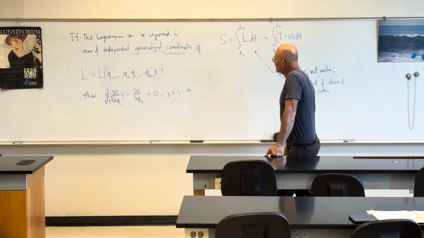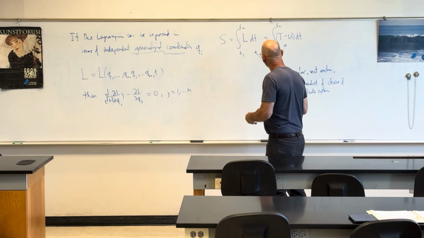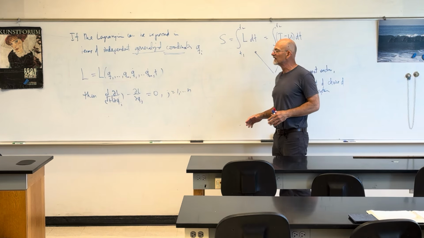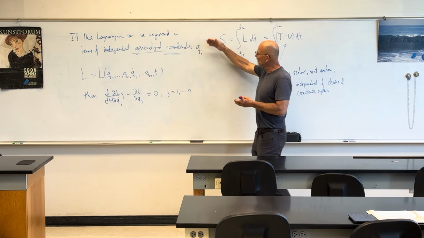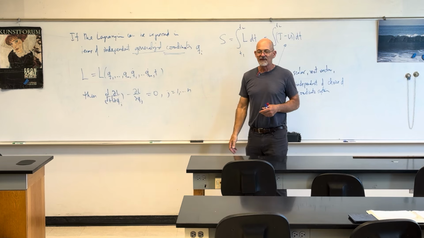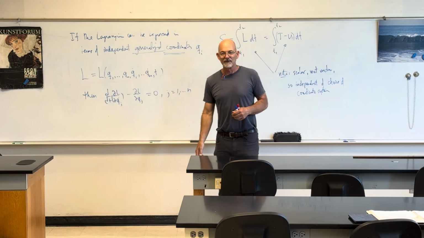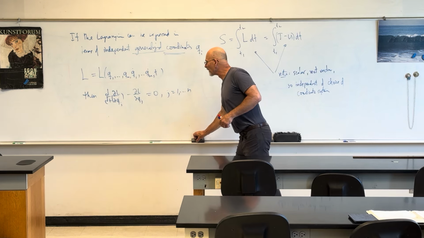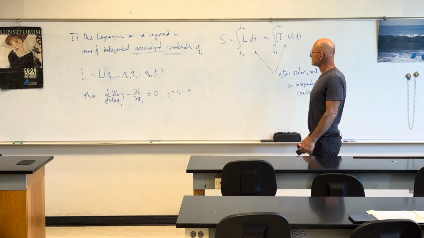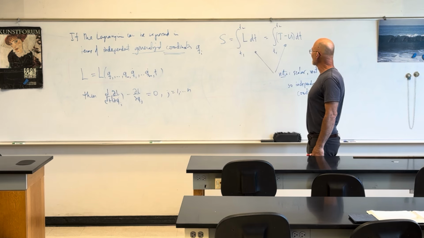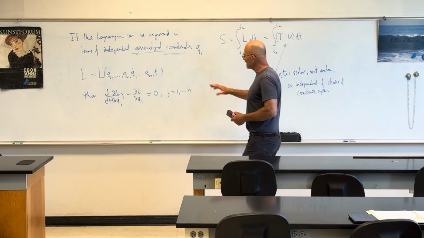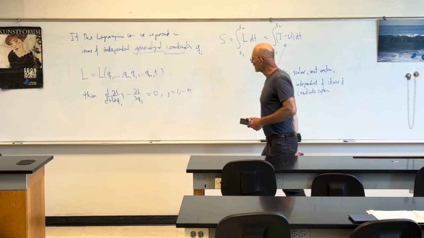So that's the goal: to take a mechanical system, find the best possible set of coordinates for it, and then using the Lagrangian formalism we'll get the easiest equation of motion from it. So that's the plan. I kind of jumped to this result because I wanted to show us where we're headed.